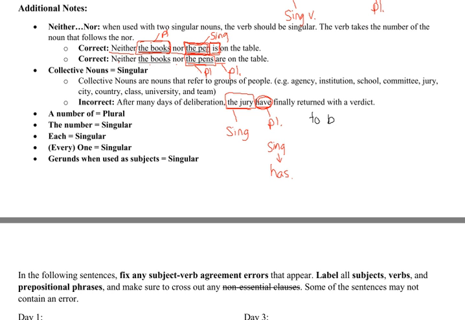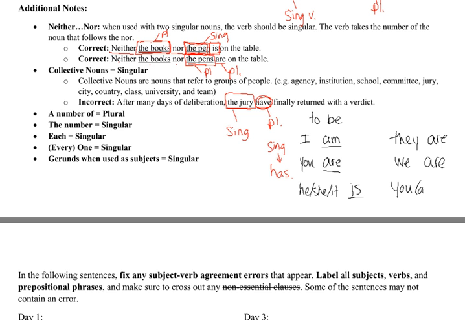So, to be, we have I am, you are, he, she, it, one, is, they are, we are, you all are. That's the conjugation of to be.